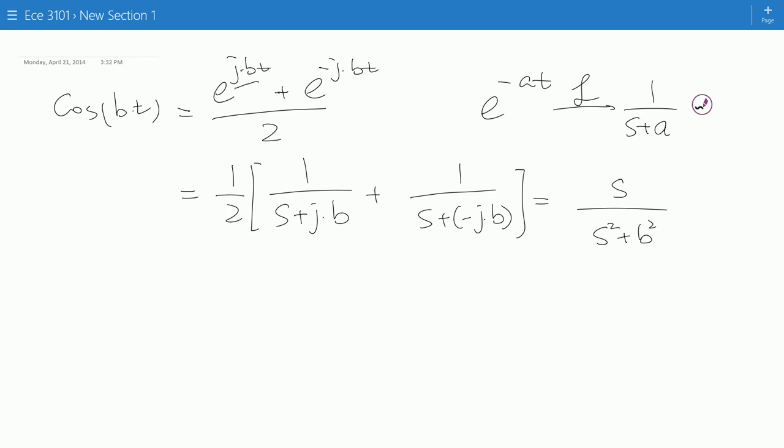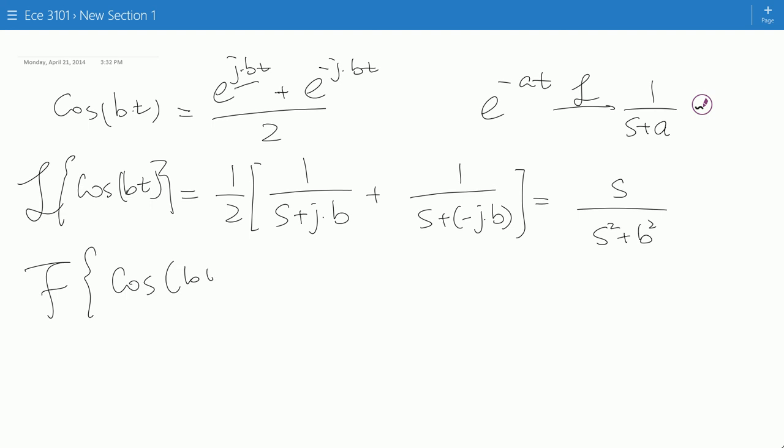Now, do we still remember what happens to the Fourier transform? For the Fourier transform of cosine, if you remember, it's going to be split in half, move one to the left, move one to the right.